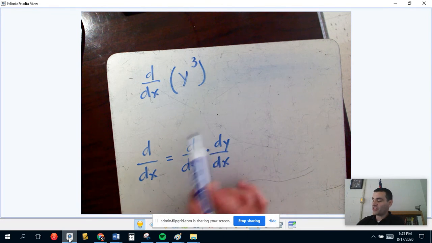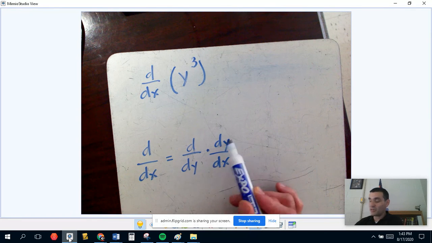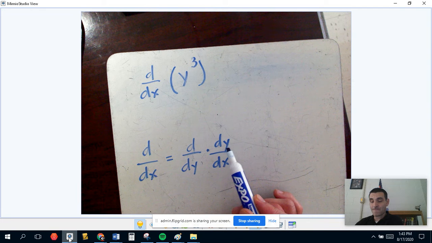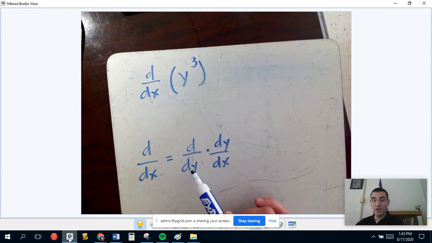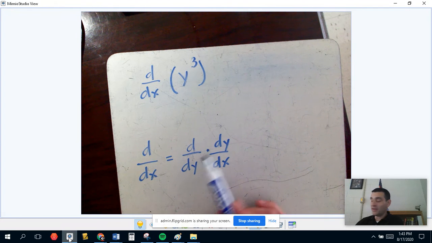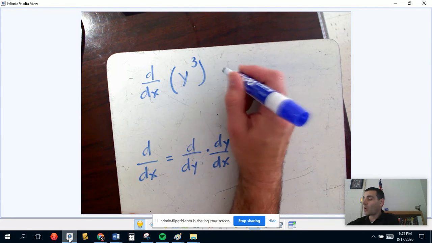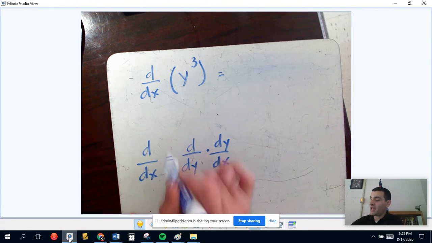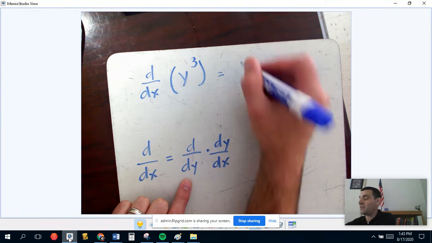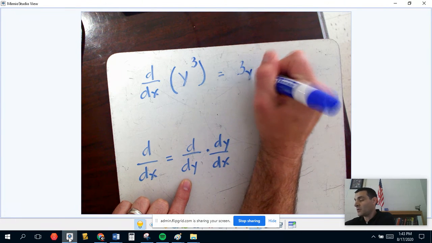If I thought of this solely as fractions, the dy's would cancel, which in a sense they do if you think about little incrementals. The dy's would cancel, leaving behind d over dx. And that's actually what I did here. When I take the derivative with respect to x, I'm going to first take the derivative with respect to y. So that means I just take the derivative like I normally do, 3y squared.